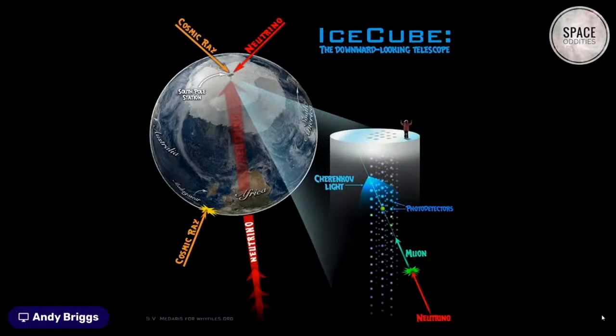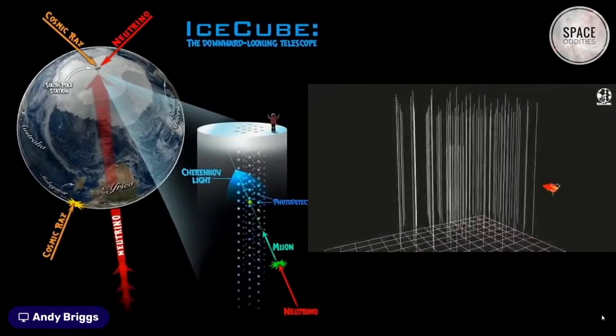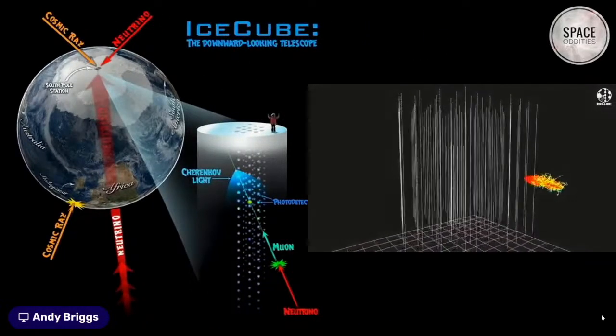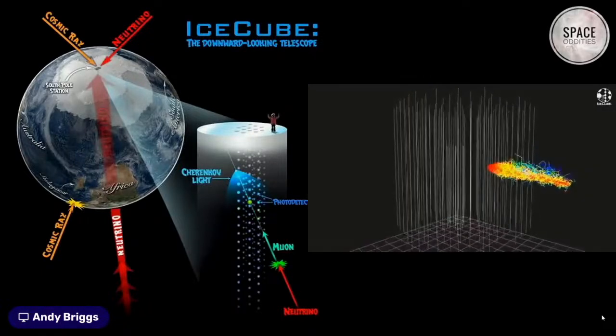So they've spent a long time working out exactly where these neutrinos are coming from. They come from all directions, of course, but a lot of them come straight through the Earth to the detector at the South Pole. Here's an example of a muon passing through the detector. As it passes through, you will see the blue lines.